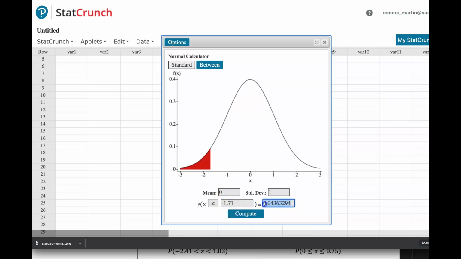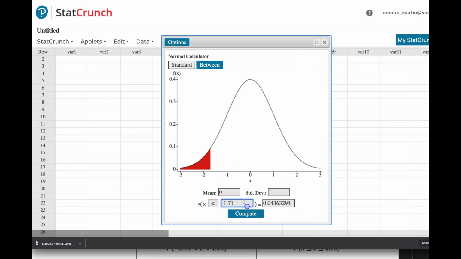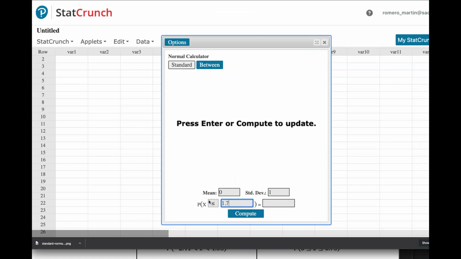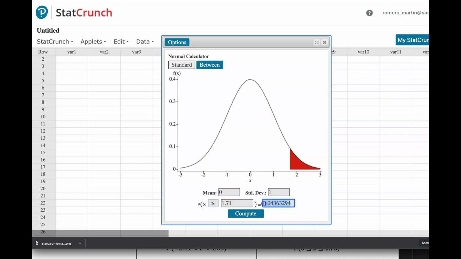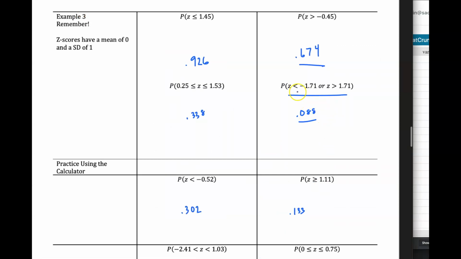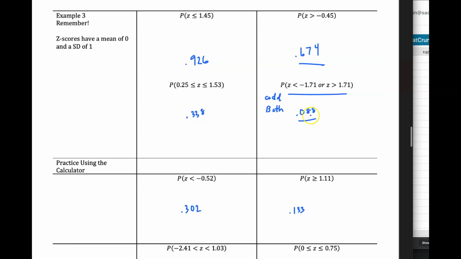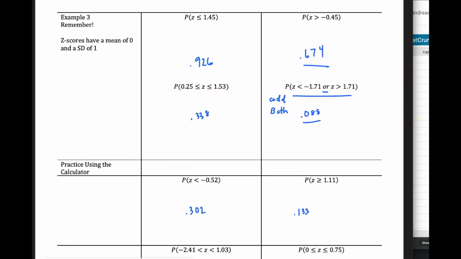Compute, get that answer, document that, and then get the 1.71 in the other direction, and you get that answer, 0.043. You have to add those two together, so make a note of that. You add both, and then you get that total answer. That's for the OR part. You need to do that for both of them.